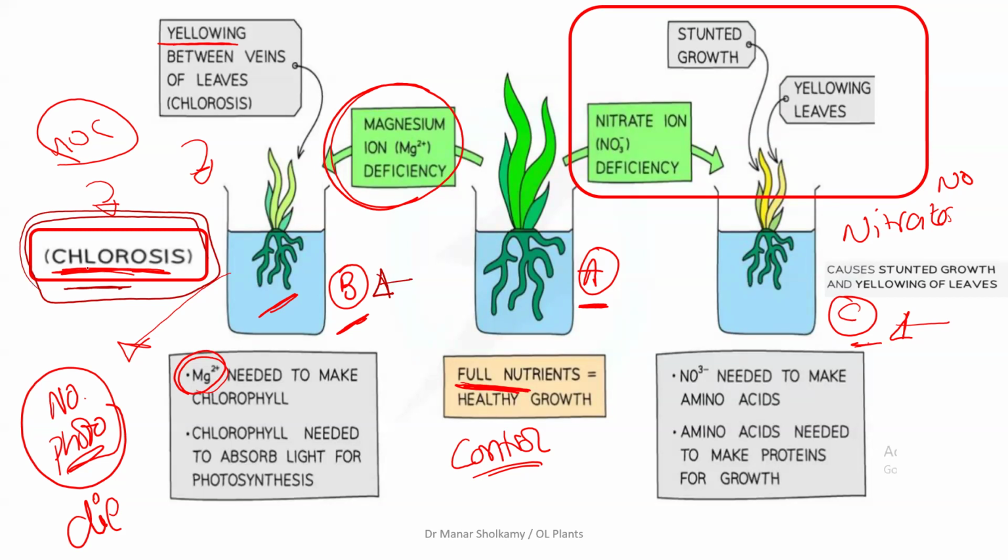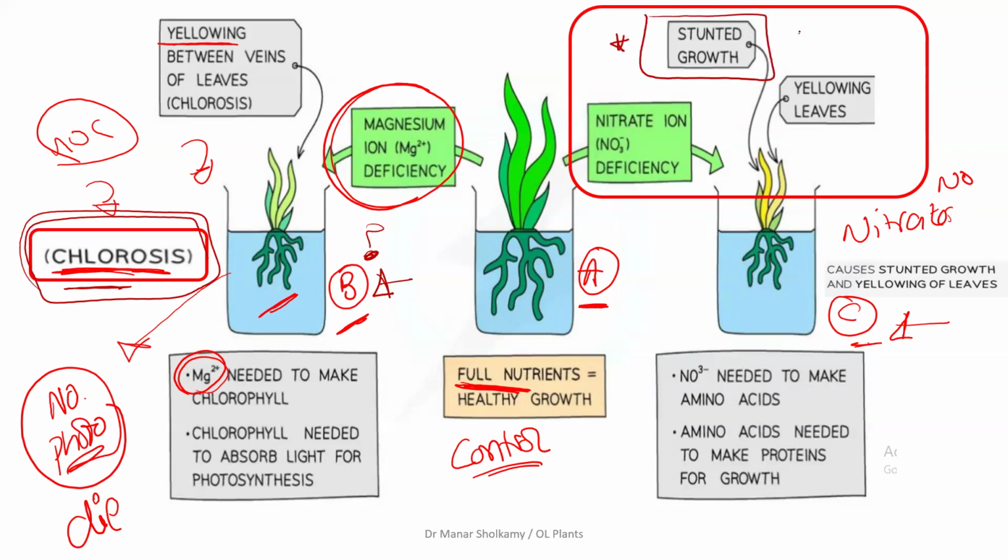This plant will eventually die because it will not be able to do photosynthesis. Is anything hard about plant B? No. Plant C does not have nitrogen. No nitrogen means it cannot make amino acids, means it cannot make proteins, means it will not grow. It will stay small. And this condition is called stunted growth.